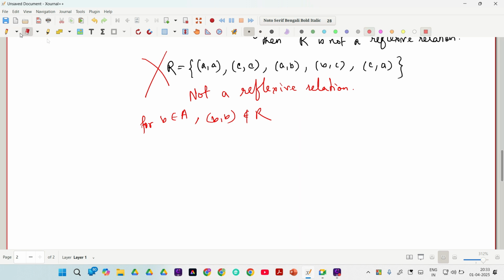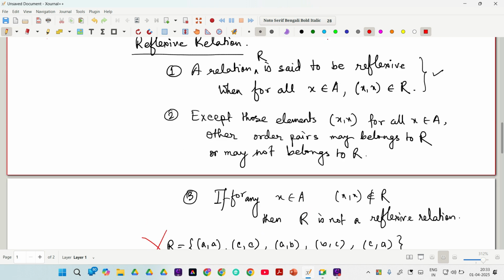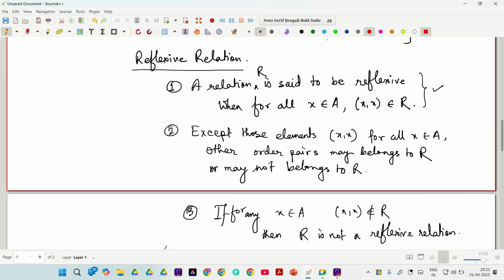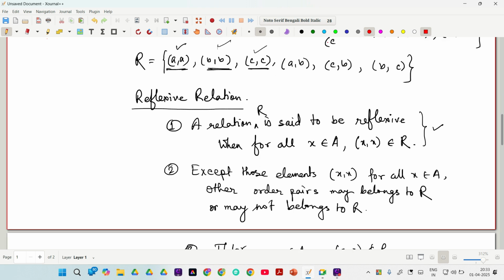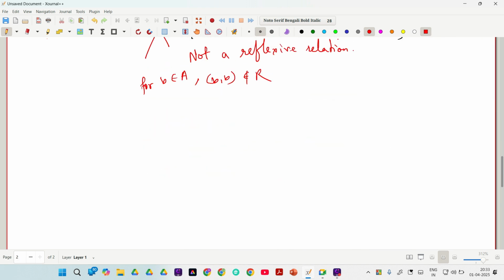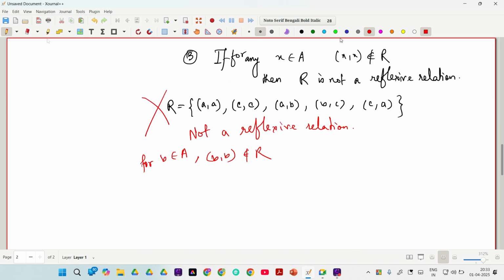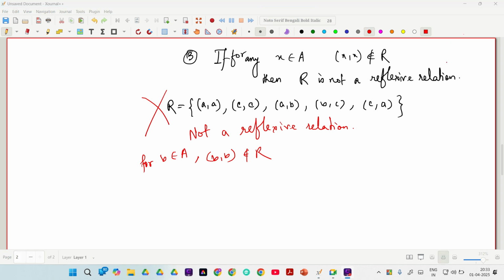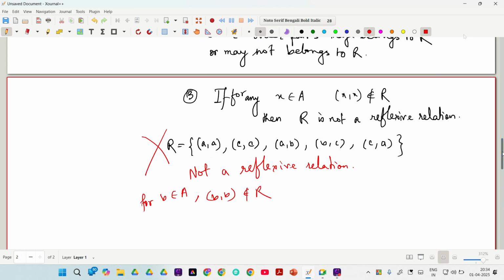Okay, I hope you have understood. Yes or no? Yes, sir. I didn't understand reflexive relation. Why? Which point you did not understand? Tell me which point.